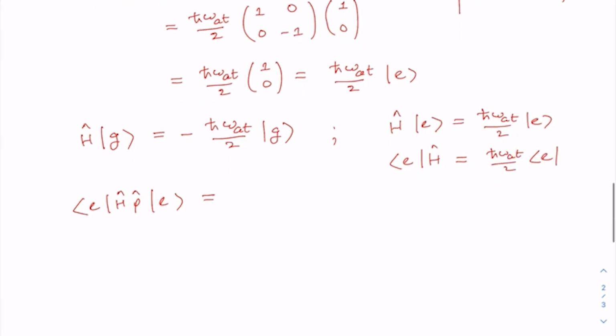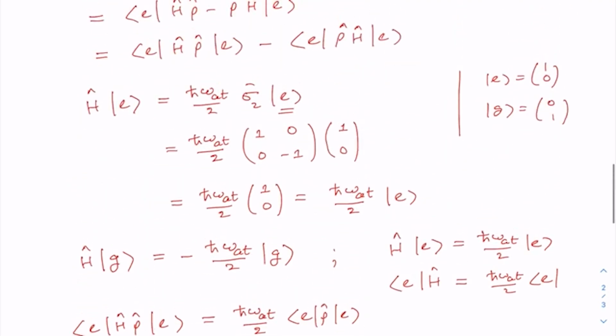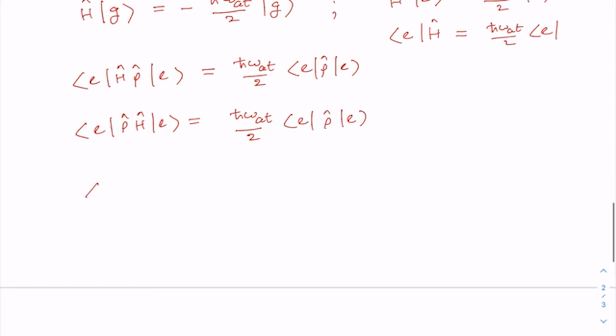And therefore from here I can write this as h cross omega atom by 2 <e|rho|e>, and the other one, <e|rho H|e>, is also equal to h cross omega atom by 2 <e|rho|e>. And as you can see, because both these terms are equal, the commutator <e|[H, rho]|e> is going to give me simply 0.